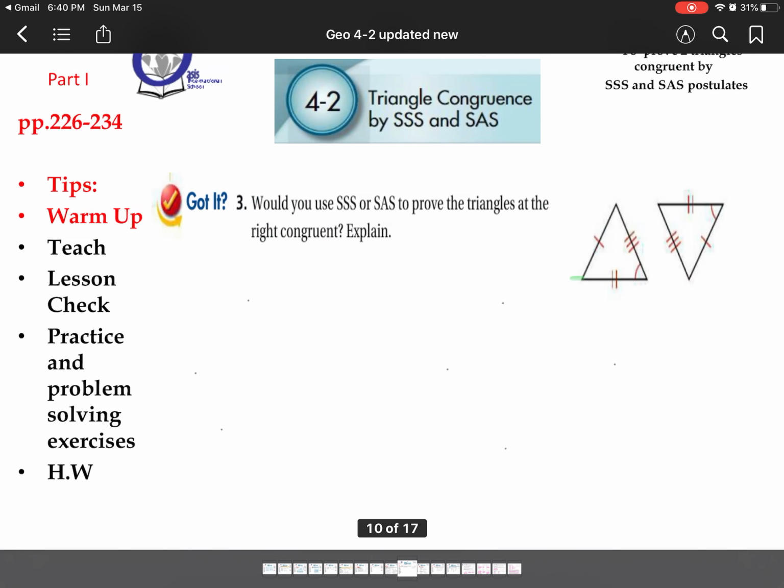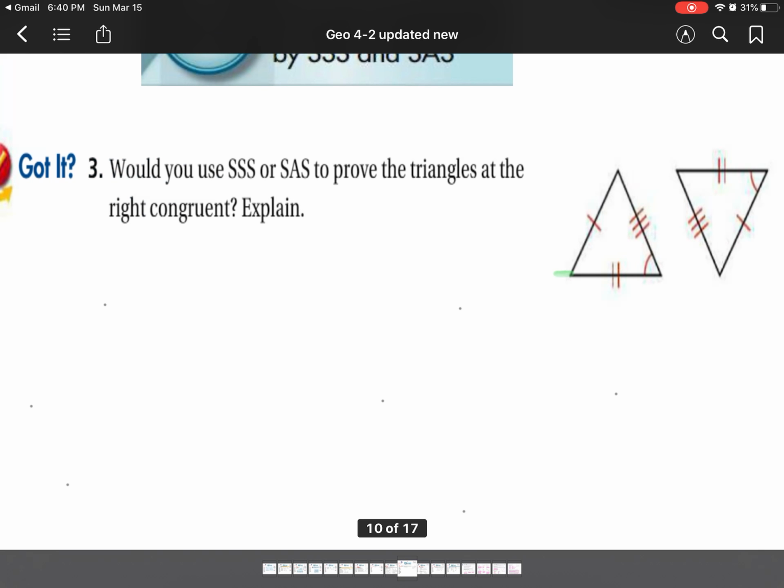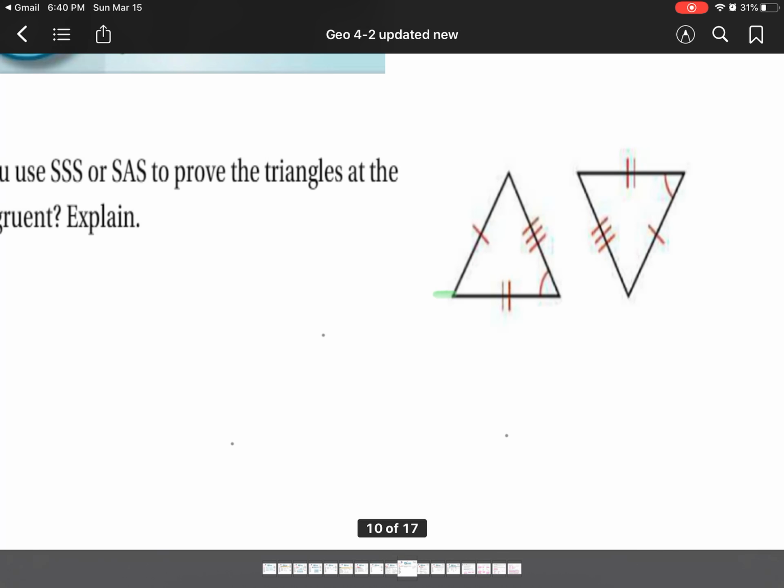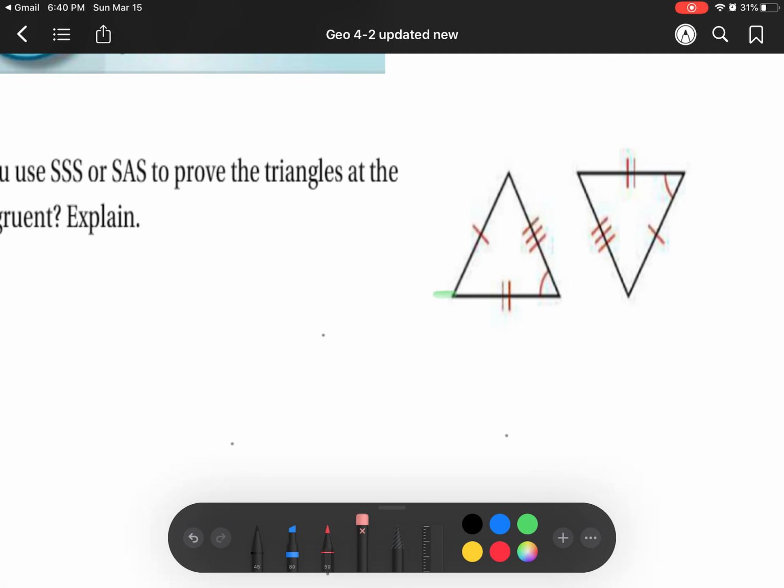Let's go and solve. Would you use SSS or SAS to prove the triangles at the right congruent? As shown here, I'm given the three pairs of sides. He gave me the three sides, and I need just to make sure if the angles can be given.